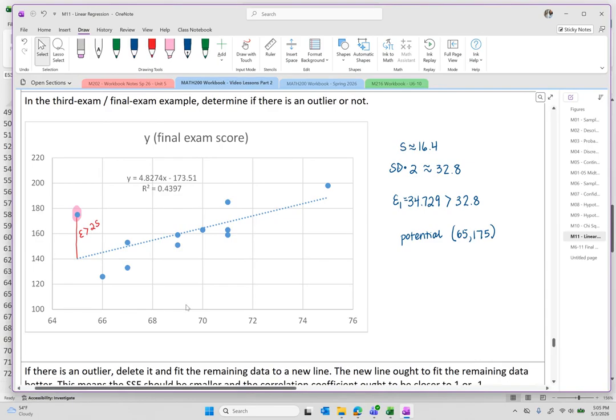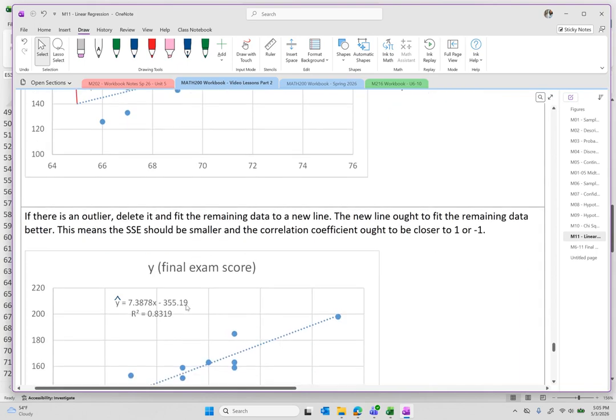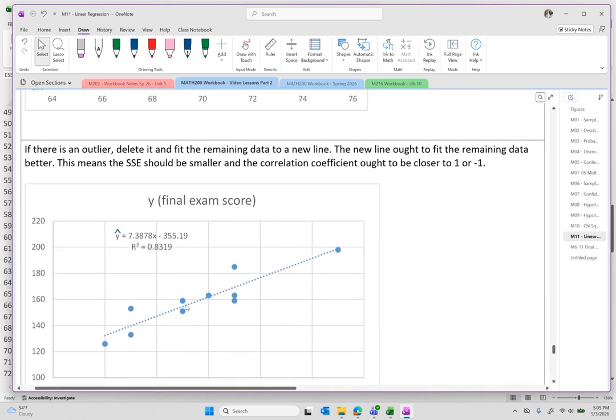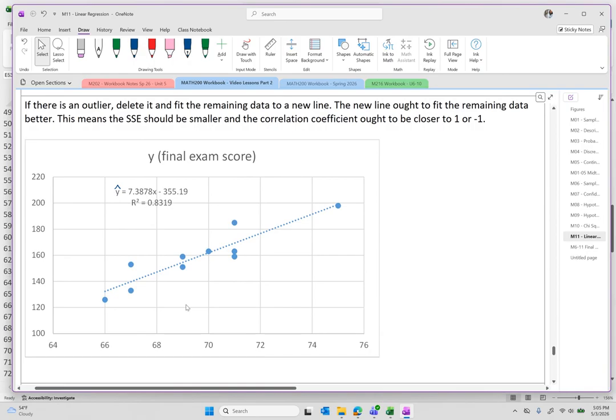If there is an outlier, we can delete it and fit the remaining data to a new line. The new line ought to fit the remaining data better. This means the SSE should be smaller and the correlation coefficient ought to be closer to 1 or negative 1.